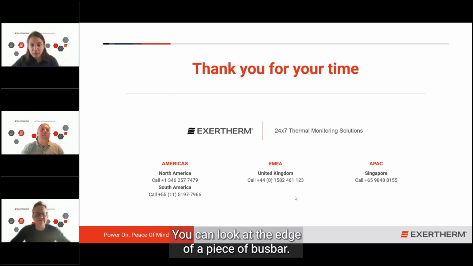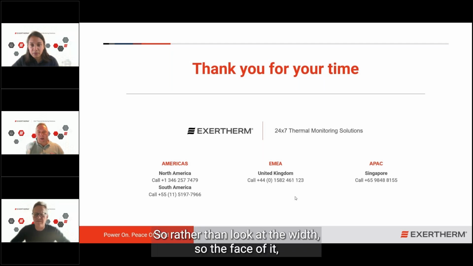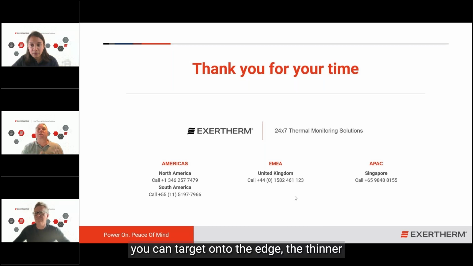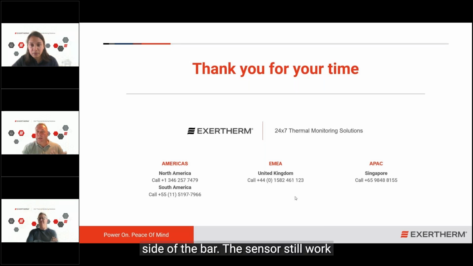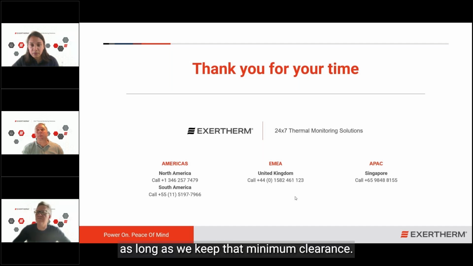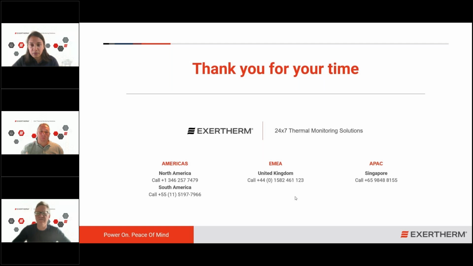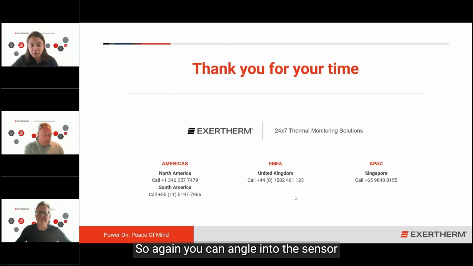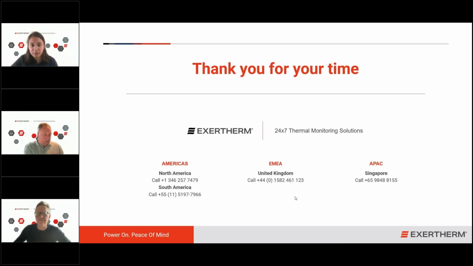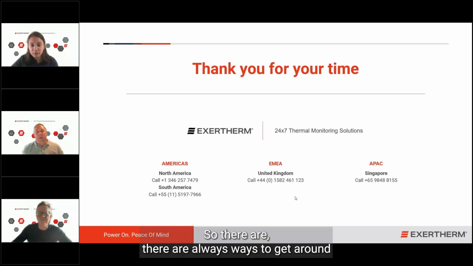You can look at the edge of a piece of bus bar. So rather than looking at the face of it, you can target onto the edge, the thinner side of the bar. The sensors still work as long as we keep that minimum clearance. And you can also angle them, up to 45 degrees. So there are always ways to get around it.